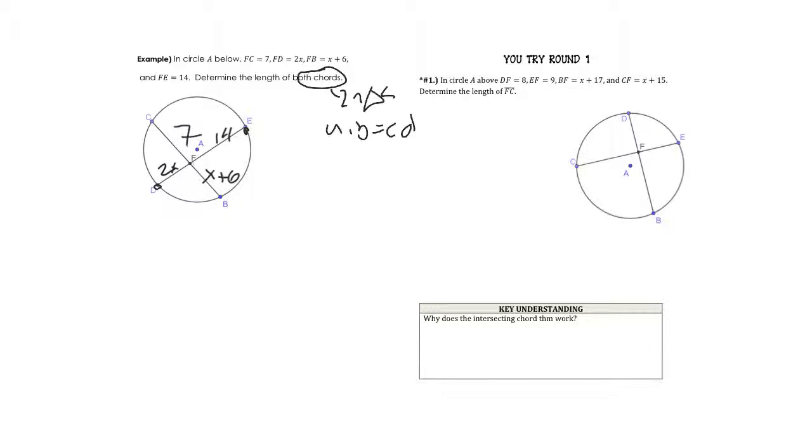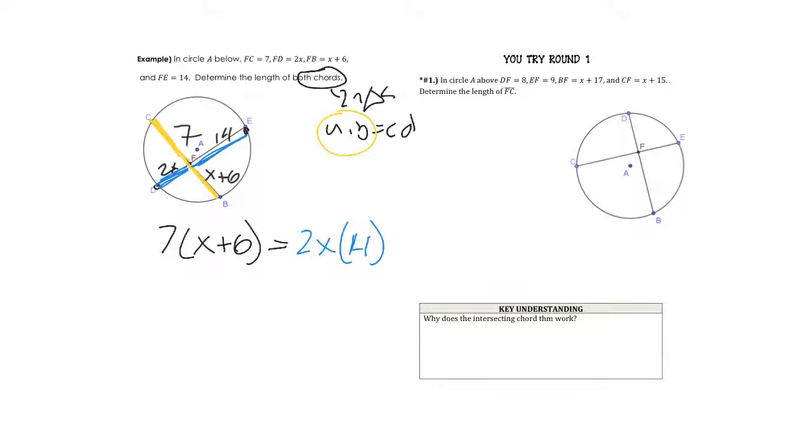Now there's no A, B, or C here, so I'm actually going to show you what this means. All we need is the two pieces of one line times each other. So 7 times x plus 6, because they're on the same line, I'm going to multiply those two, equal to 2x times 14, because they're on the same line as well.